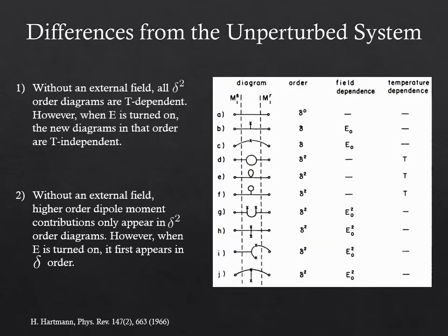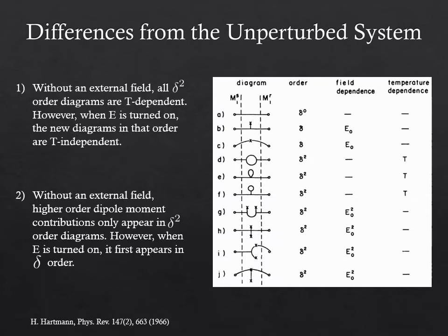And just from looking at these dependencies, you can draw some physical conclusions already. First of all, most strikingly, you may have noticed that there is a kind of complementary relation between the electric field dependent diagrams and the T dependent diagrams. If a diagram depends on T, it doesn't depend on E, and the other way around too.